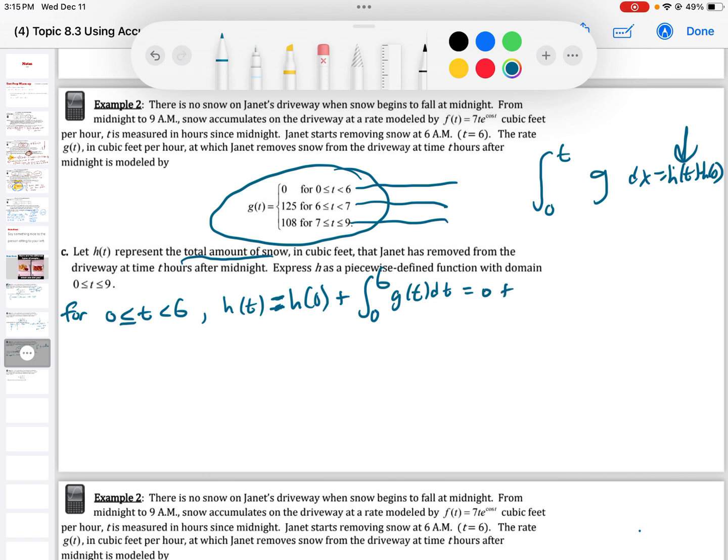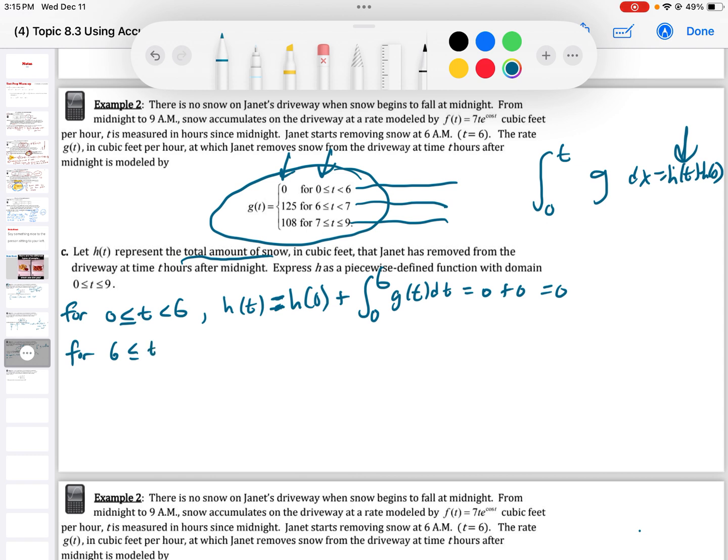So this would be h of 0, which is 0, plus how much snow did she shovel there? The rate's 0, right? So it should be 0. So from 0 to 6, the total amount of snow removed is 0. That makes sense because she didn't do anything, right?